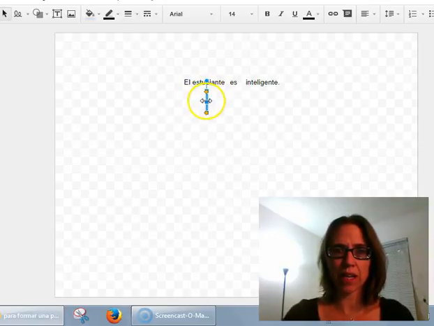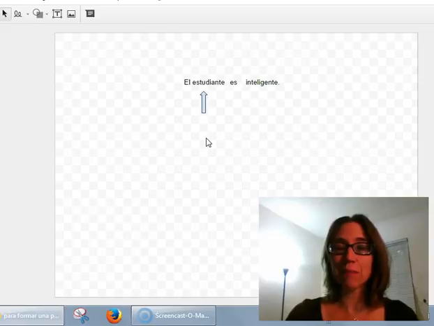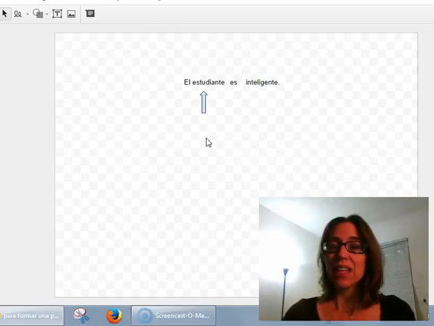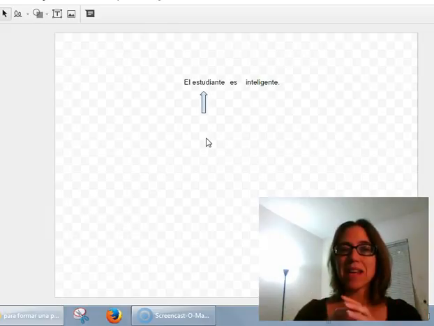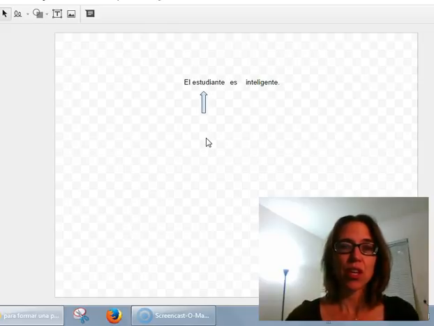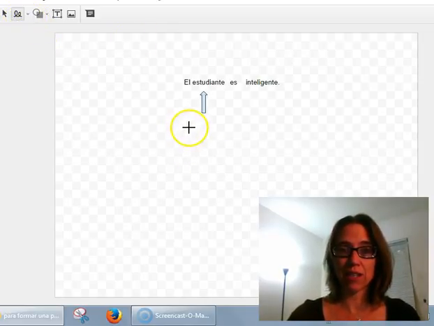And that's not how you make an arrow. I'm trying to make an arrow. There we go. El estudiante is what we call the subject of the sentence. The subject is who does the action or who is the main focus of this. So in this case, el estudiante is our subject.